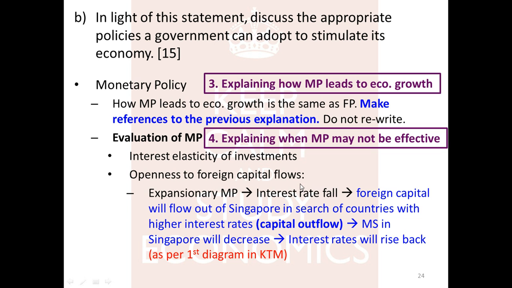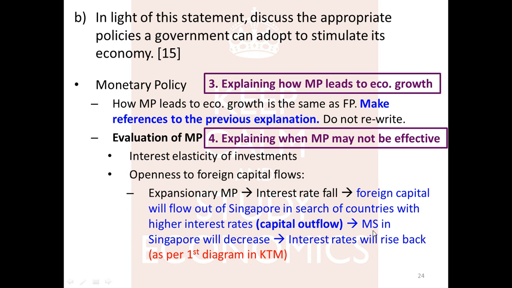However, when interest rates fall, foreign capital actually flows out of Singapore in search of countries with higher interest rates. You always want to deposit your money at a place where it pays higher interest rates. It is the same for countries. If Singapore's interest rates fall, this foreign capital, in this case capital refers to money, would be removed from Singapore and it will go to other countries with higher interest rates.